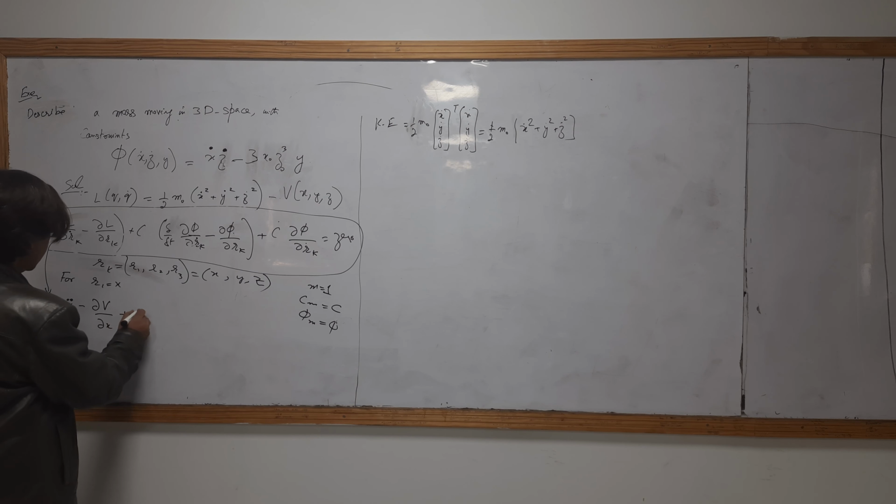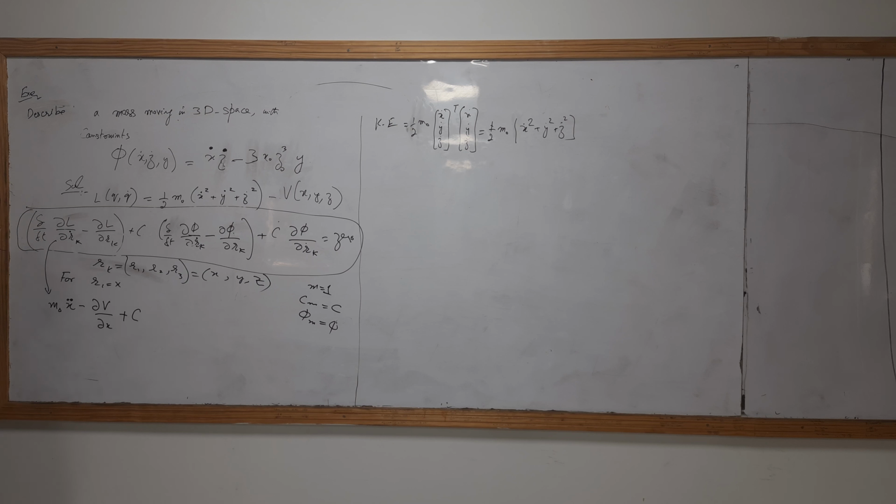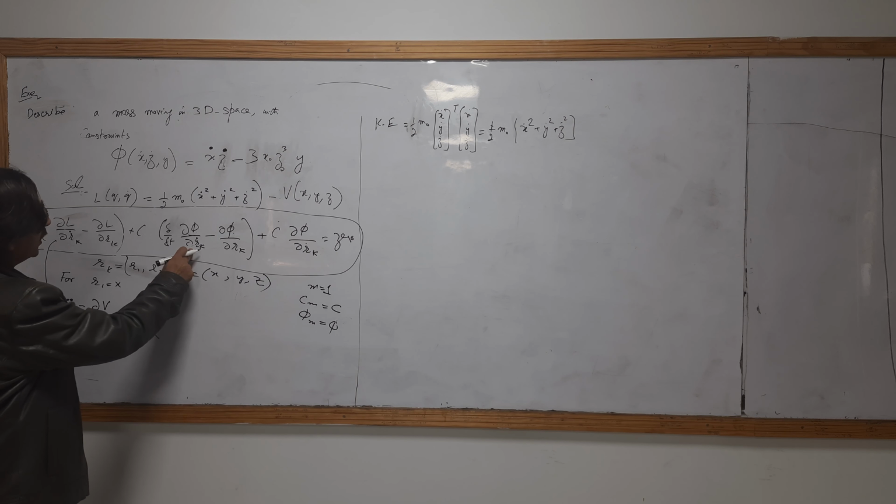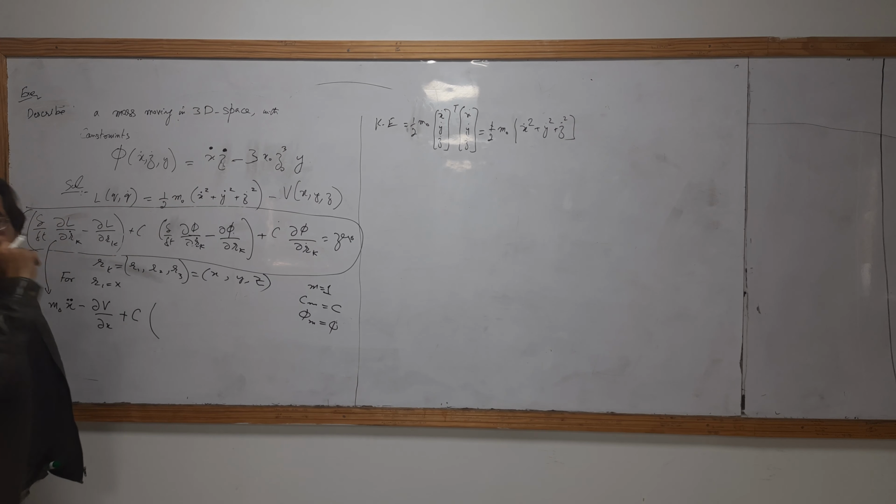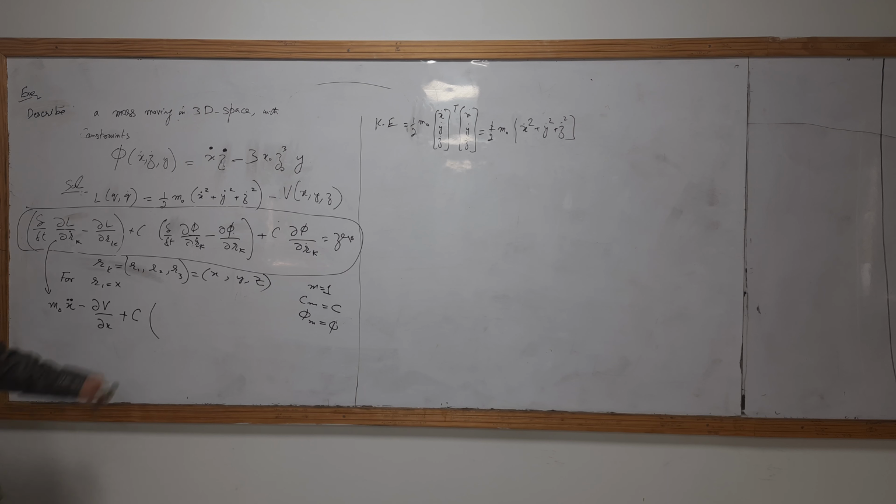Plus C. Here it will be C, not Cm, because m is 1. R dot is x dot, since R is x.